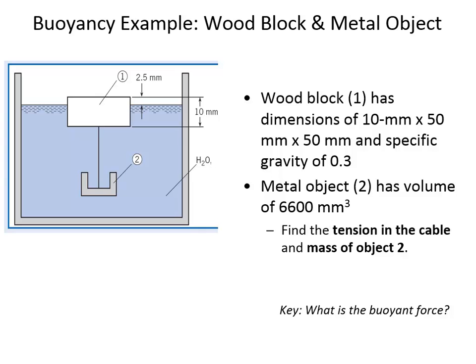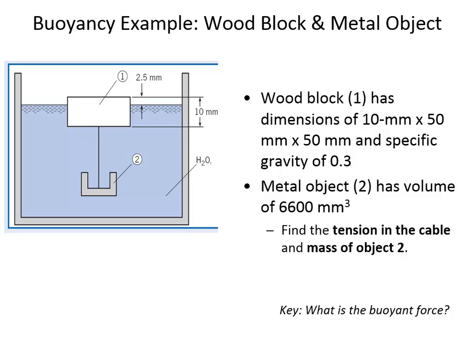So far, we have enough information to do a little force balance. We can say, here is the wooden block. The wooden block has a buoyant force acting up, and it has a weight acting down, and then there's something else as well. There's the tension in the cable pulling it down. So let me draw that a little bit differently.